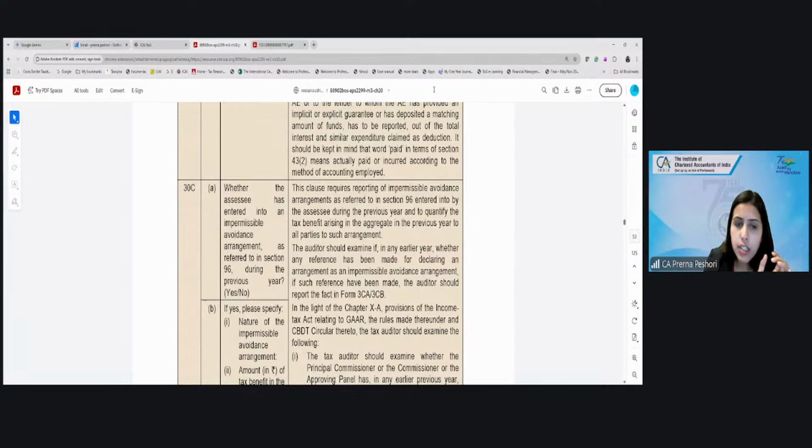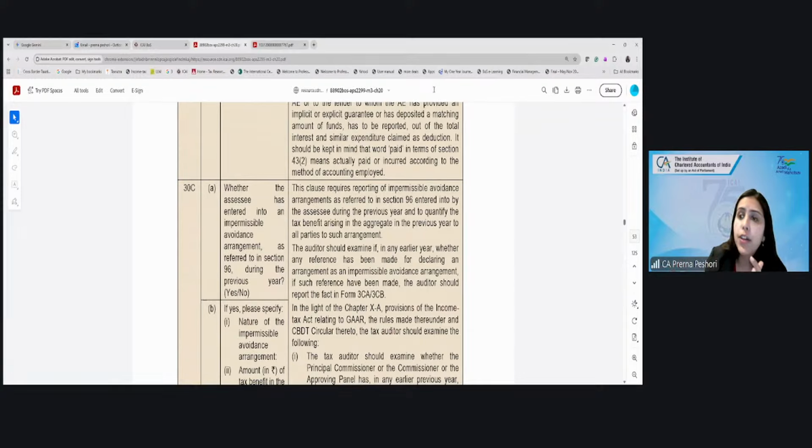What is GAAR? GAAR is the general anti-avoidance rule, which targets any tax avoidance transaction. So if there is any impermissible avoidance arrangement, what is an impermissible avoidance arrangement?